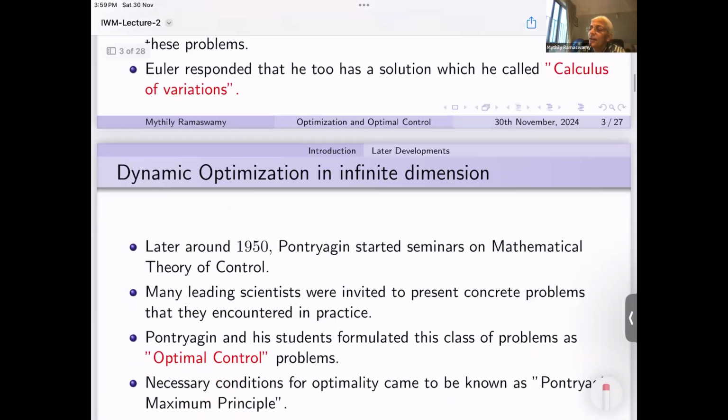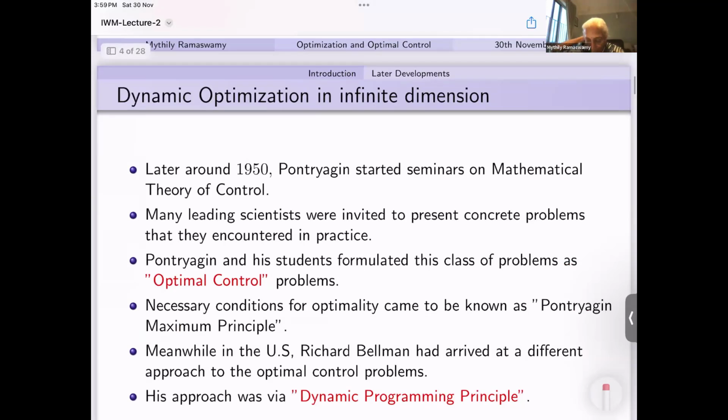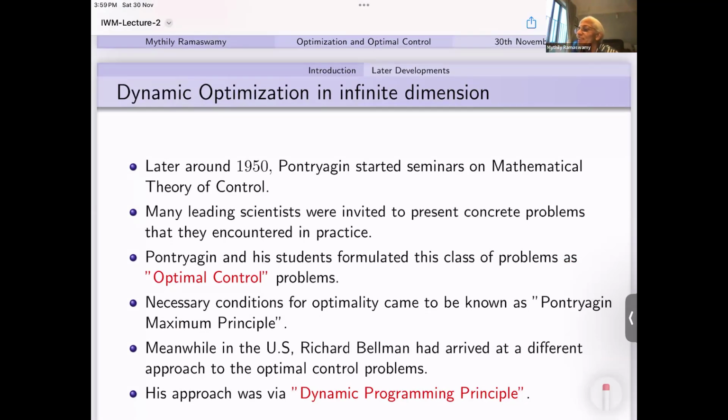And a little later, not a little later, quite 2 centuries after, around 1950, Pontryagin in Russia started seminars on mathematical theory of control. This was the wartime, and there were many such problems coming up.